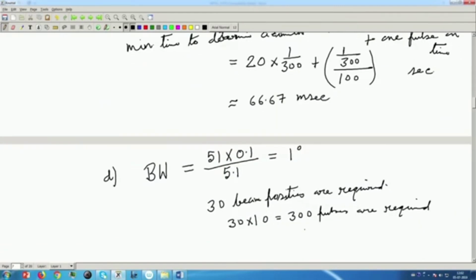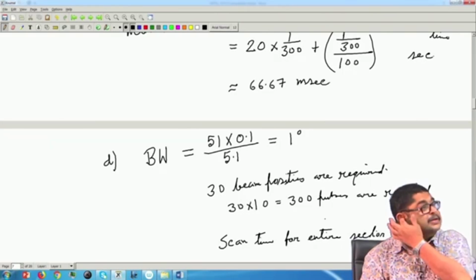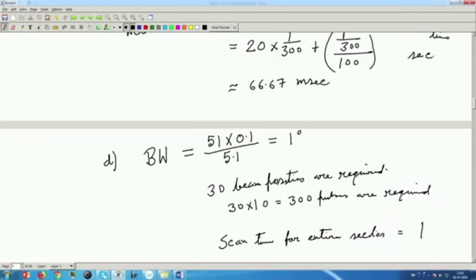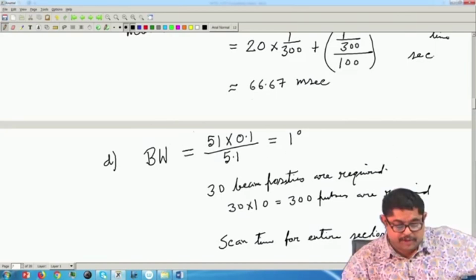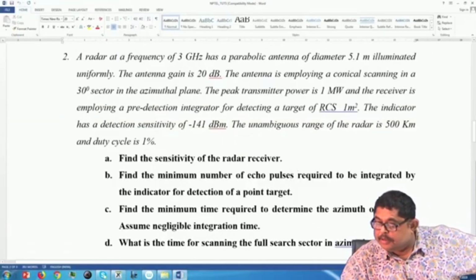So, the scan time for the entire sector is 300 pulses, 1 pulse is 1 by 300. So, 1 second. In 1 second you can scan. If you think logically, then this type of problems can be answered. Let us see the third problem.